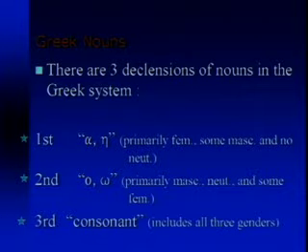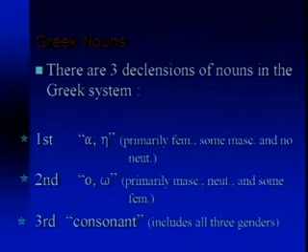In the third declension, what is distinctive about it is that it involves a consonant at the end of the particular stem we're working with. I'll describe that much more in the next semester when we get to third declension nouns, but enough simply to point out the distinctive. And the third declension will include all 3 genders.